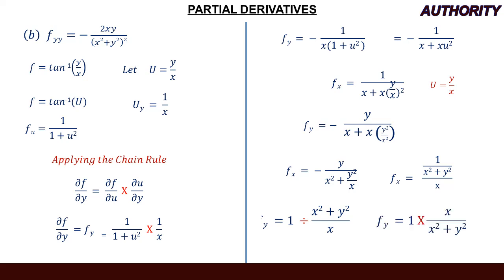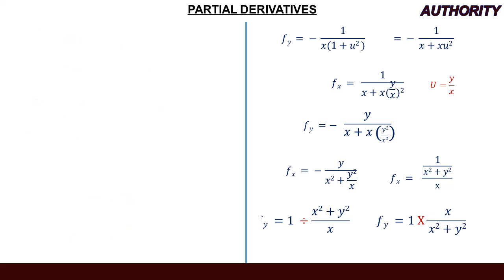So that means we have 1 times x all over x squared plus y squared, right? Good. So therefore, we conclude that the partial derivative of f with respect to y is equal to x all over x squared plus y squared. Are we together? Yes. Now let's go.